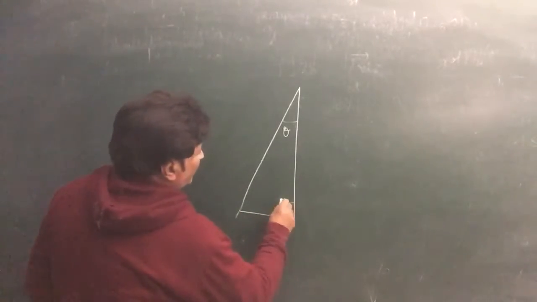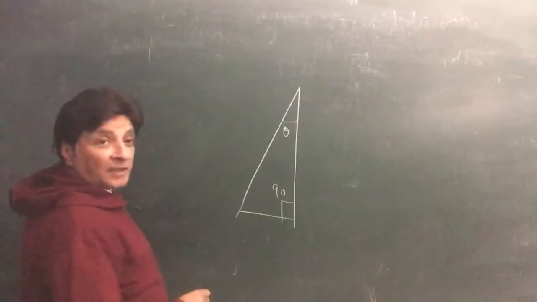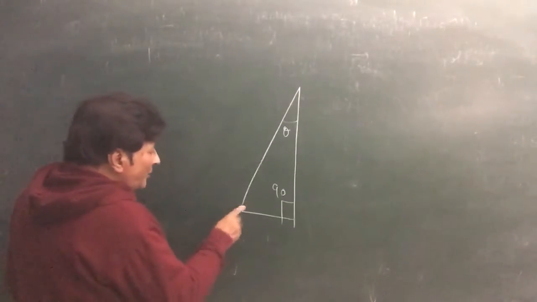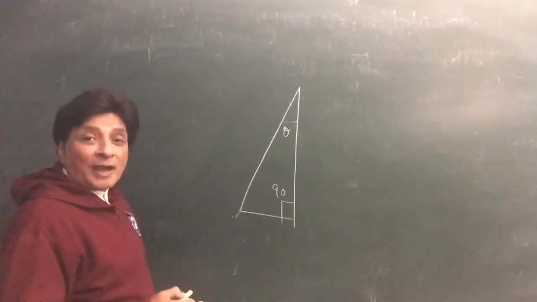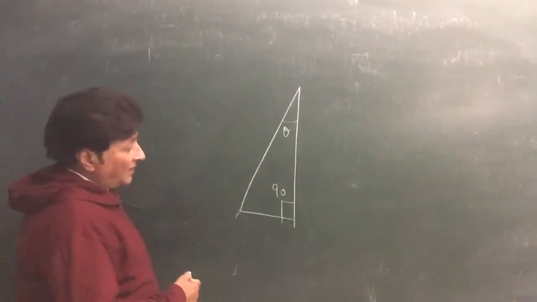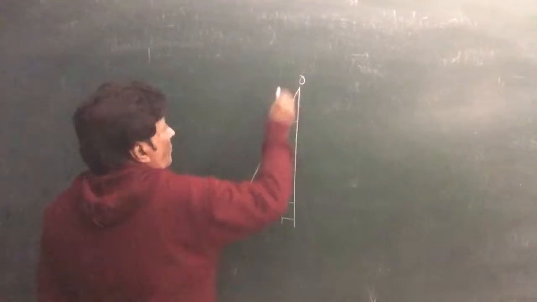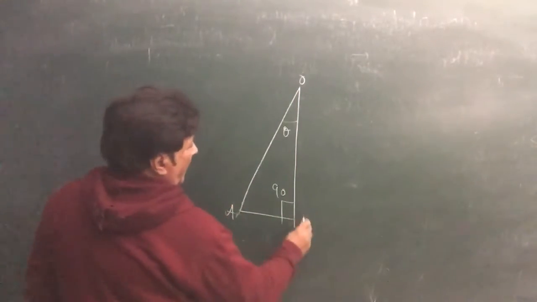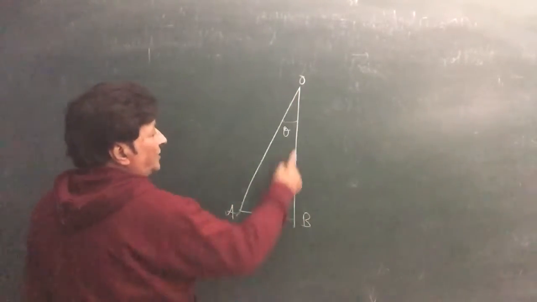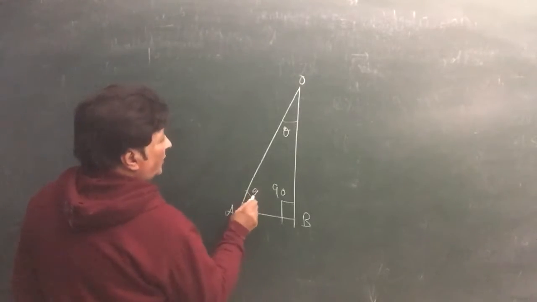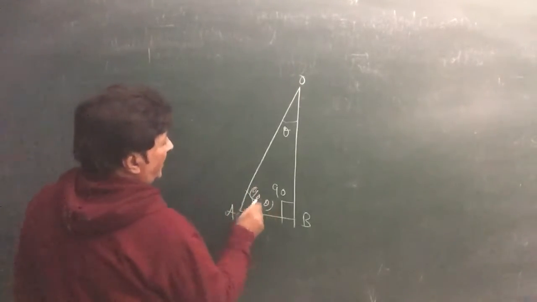And this is 90 degree. I'm trying to explain using the right angle triangle. So this is say O, A and B. This is 90, this is theta. So this is obviously 90 minus theta.